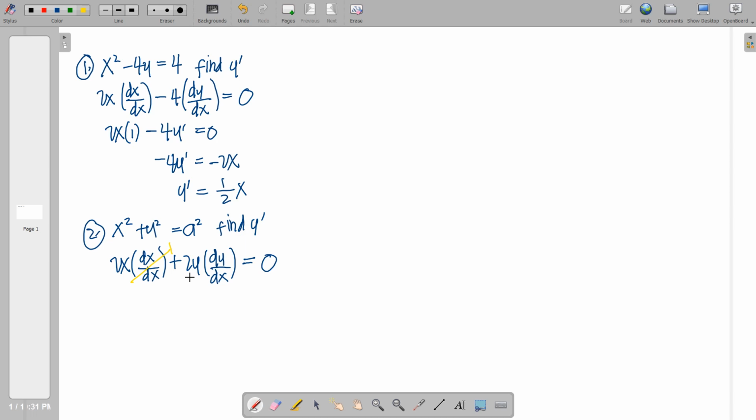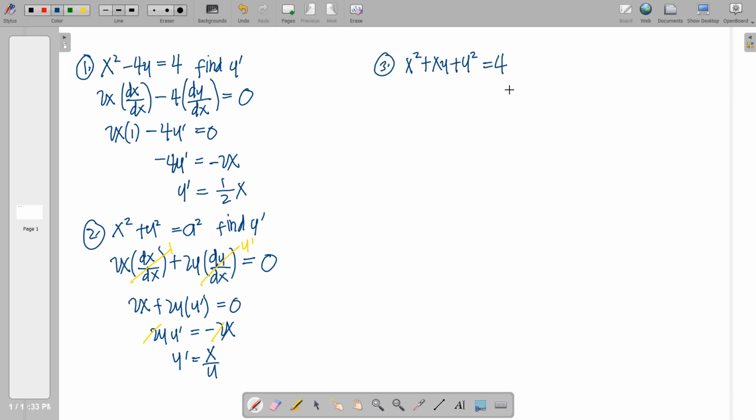Again, this is 1, and that will be y prime. And so we'll obtain this equation, solving for y prime. We transpose 2x to the right side and it becomes negative. Then we can cancel 2 on both sides of the equation.